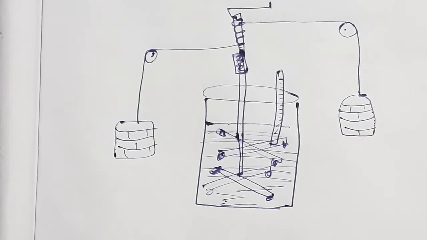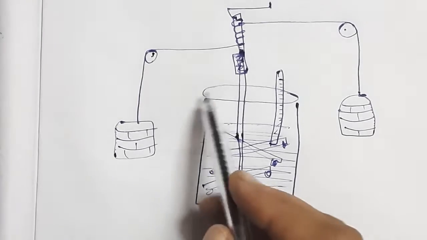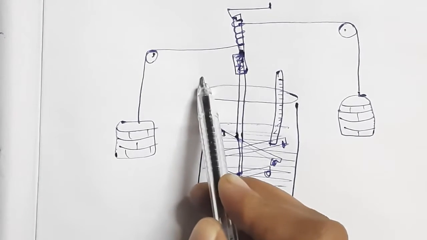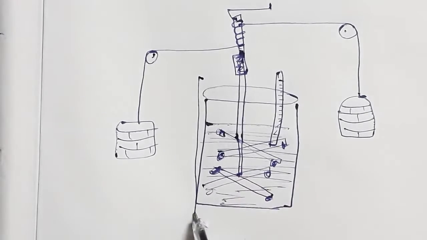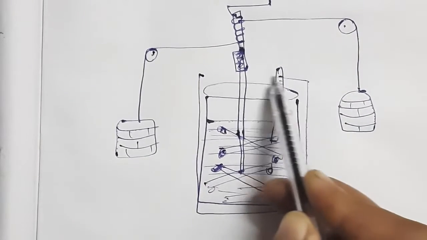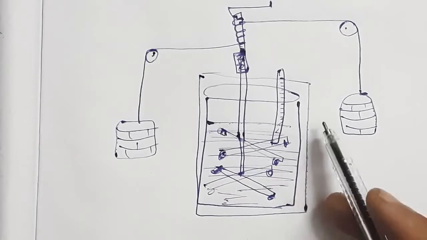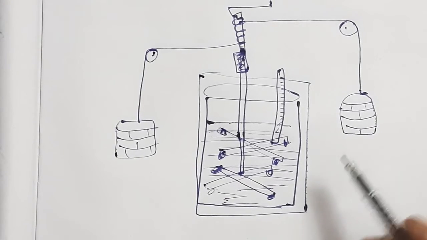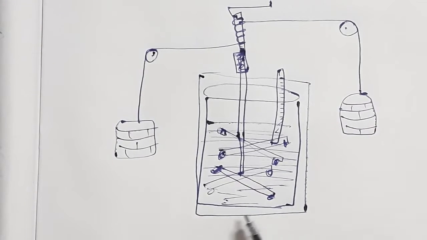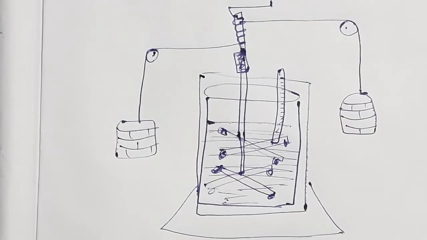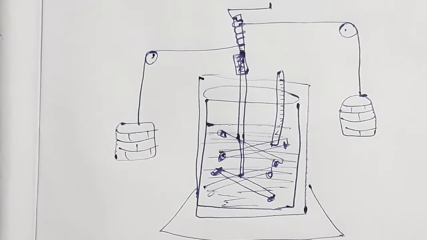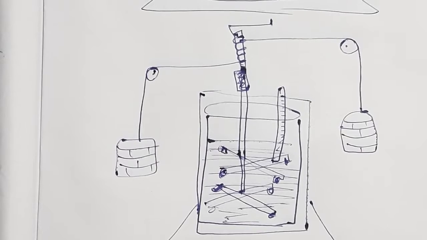The whole setup, that is this copper calorimeter, is kept in a well insulated container filled with water, and this will be kept on a particular stand. Clear? So this is the experimental setup.